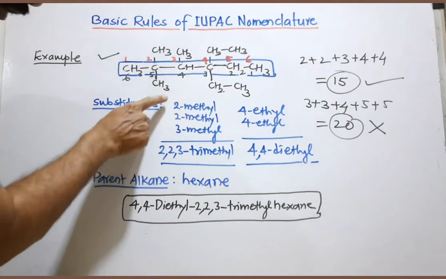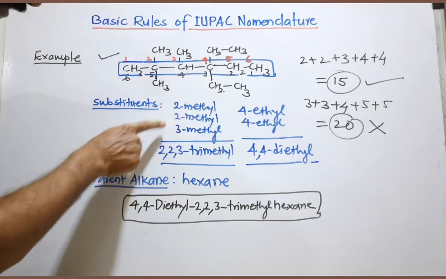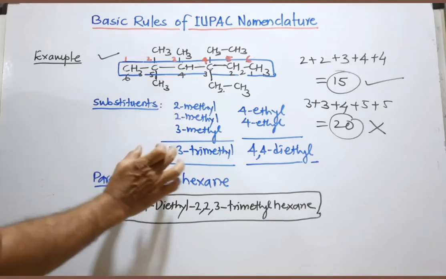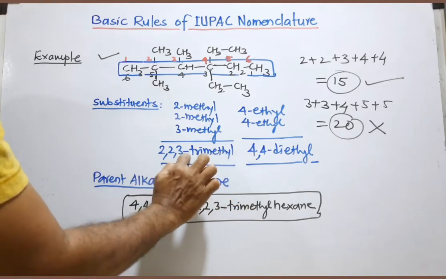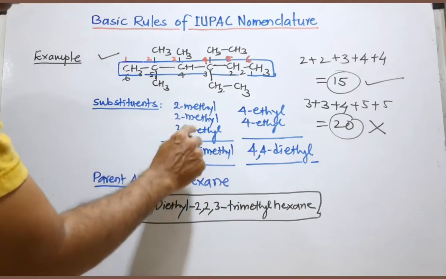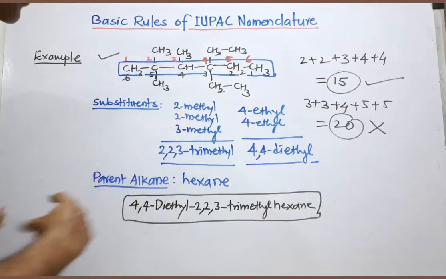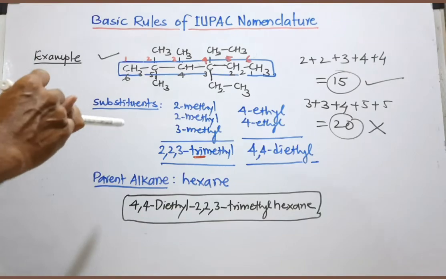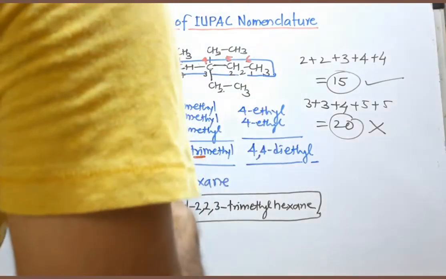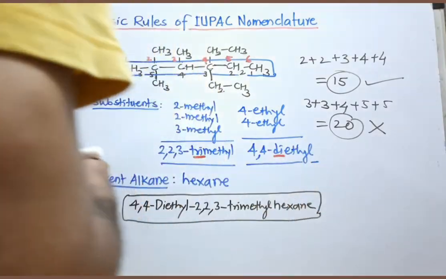When you add them together, you have to add their numbers: 2, 2, 3. Numbers are separated by commas, and number and letter are separated by a hyphen, so I put a hyphen there. Since there are 3 methyl groups, I use the prefix tri, and similarly here I use the prefix di because there are 2 ethyl groups.